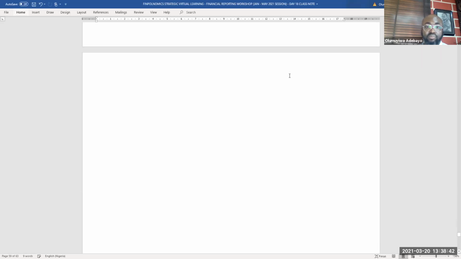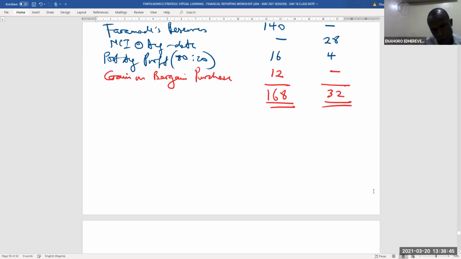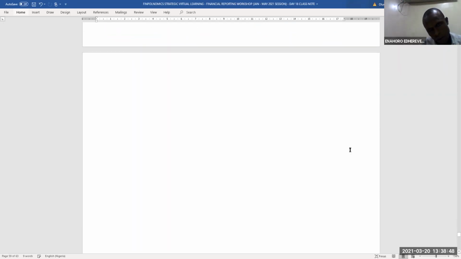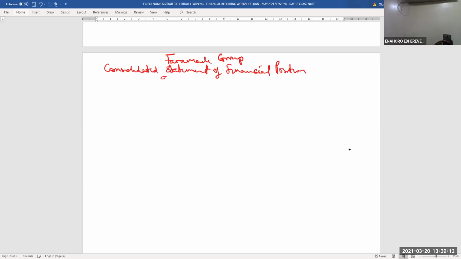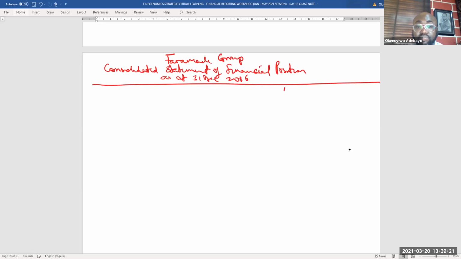Okay. Firemartin Group, consolidated statements of financial position as at 31st December 2016. All figures in million.